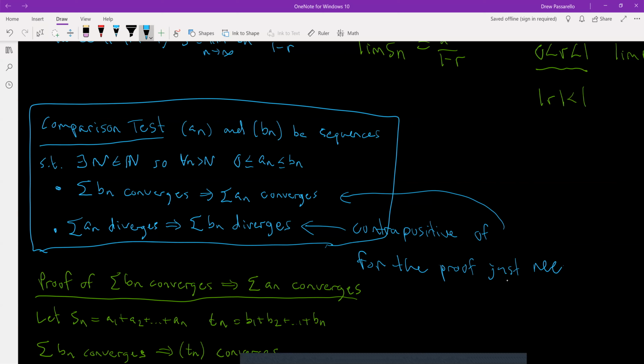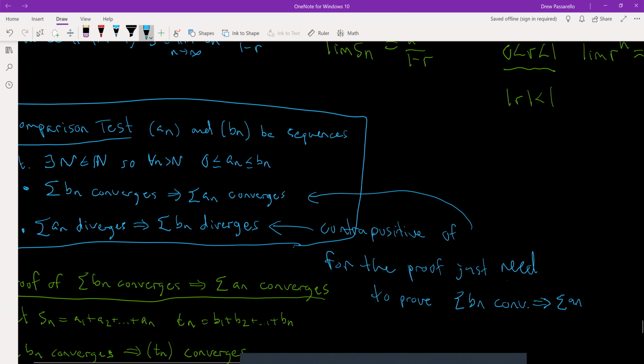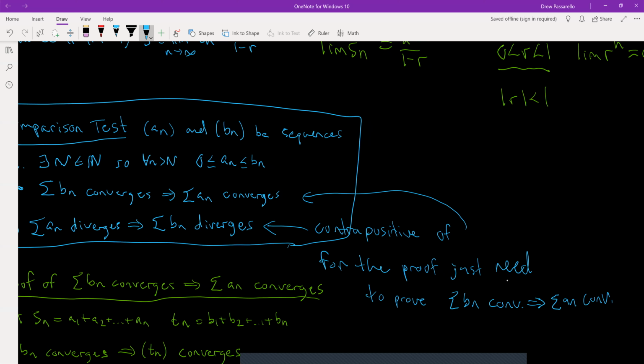Or you could show the second case and then say by contraposition you have the other one. So for the proof, I just need to prove that bn converges implies an converges. And here's the proof.